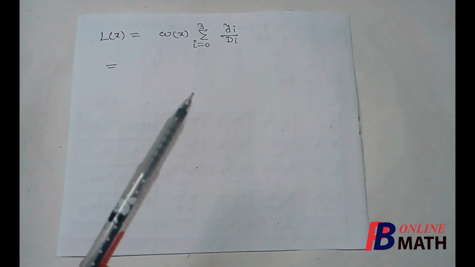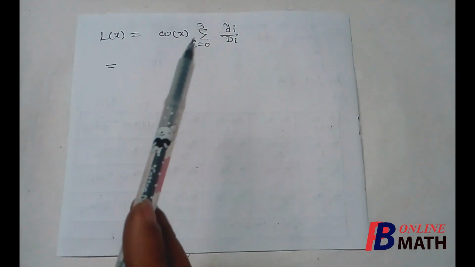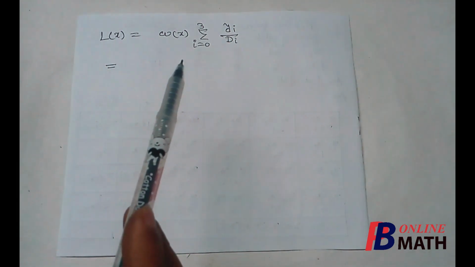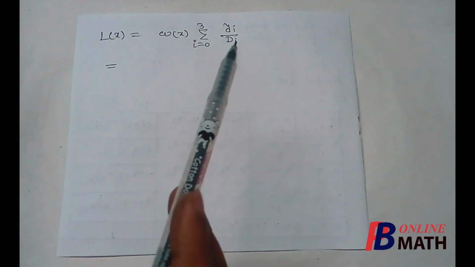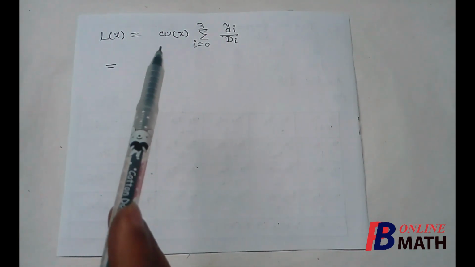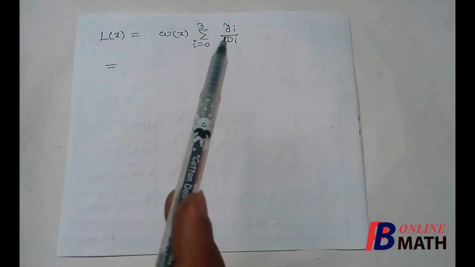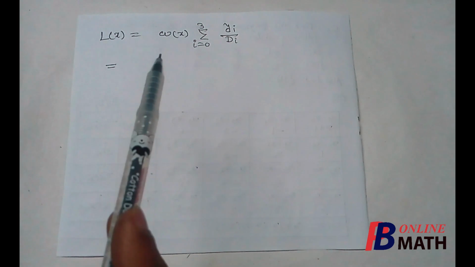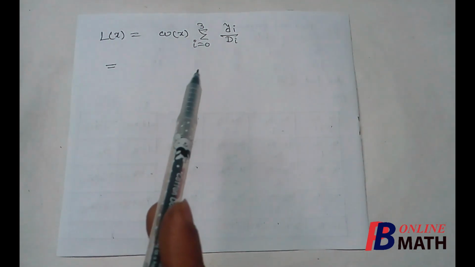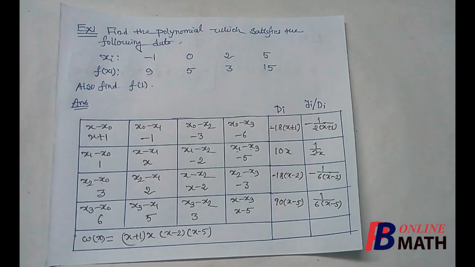Now by the formula we know that Lx equal to omega x into summation over I equal to 0 to 3. Actually it is I equal to 0 to n, but here the number of terms is 4. So I equal to 0 to 3 yi by di. We have already calculated omega x, and also we have found all the values of yi by di. So we need to replace the value of omega x, and also the sum of this yi by di.